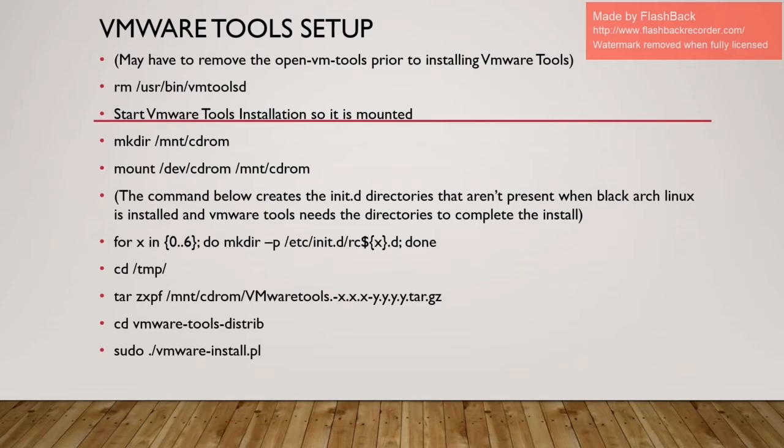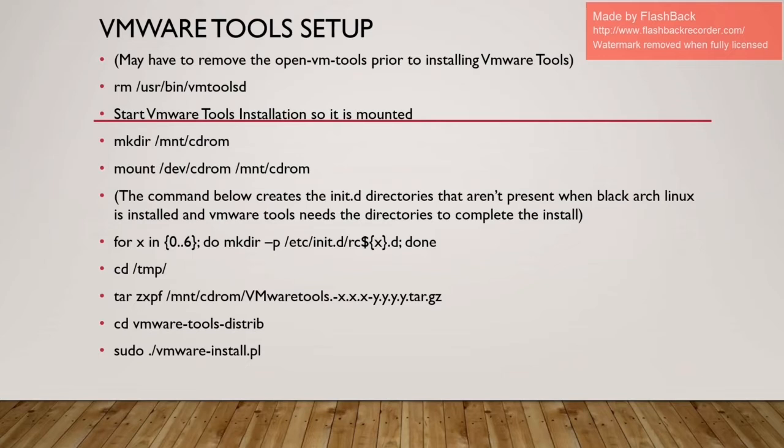What that command does is create 6 different directories that are needed for VMware Tools. So you're forcing the system to make these directories, so when you run the VMware Tools installation script, it can recognize them. If you don't run the command, the script will run, but then it will say it cannot find the init.d directories.